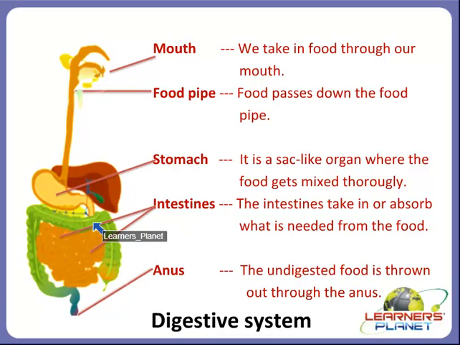So what is the function of intestines? What is the function of small and large intestines? The intestines take in or absorb the food that we get from the food we eat. Okay, children?